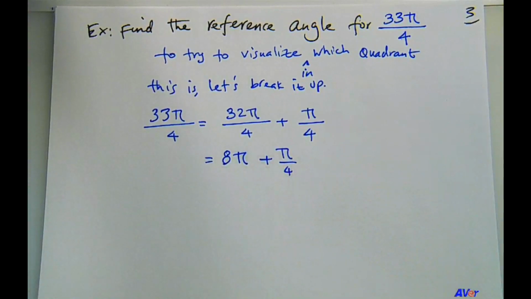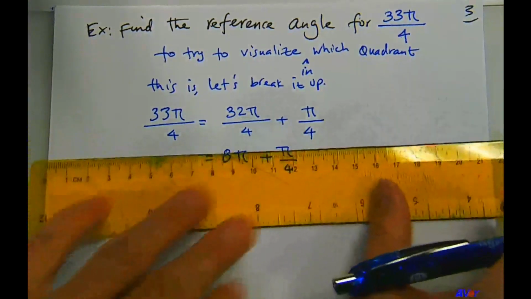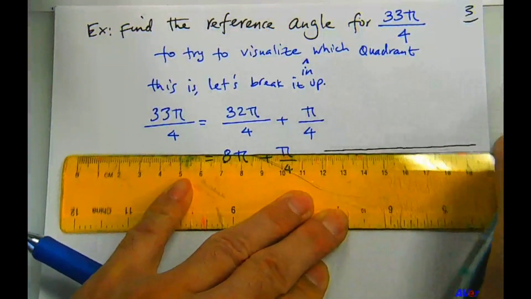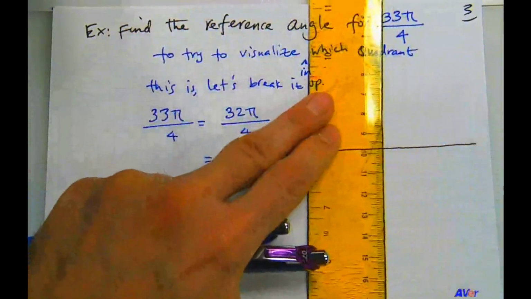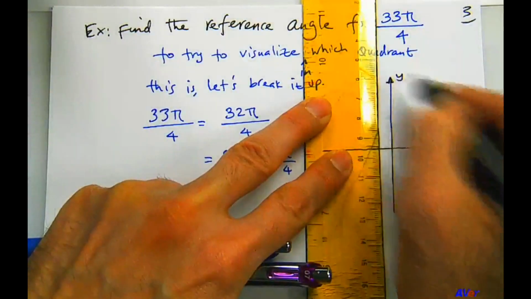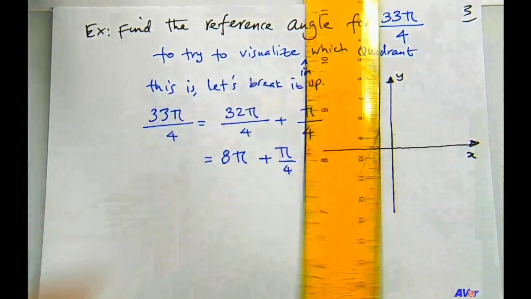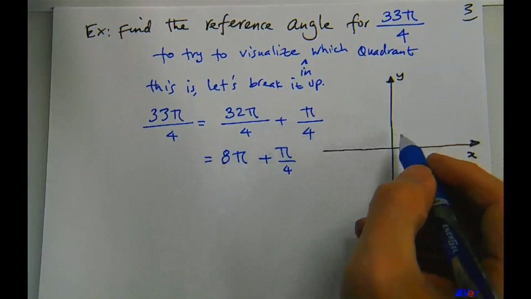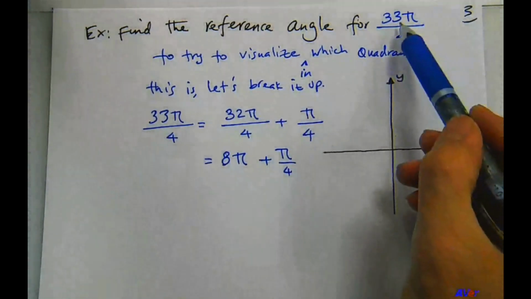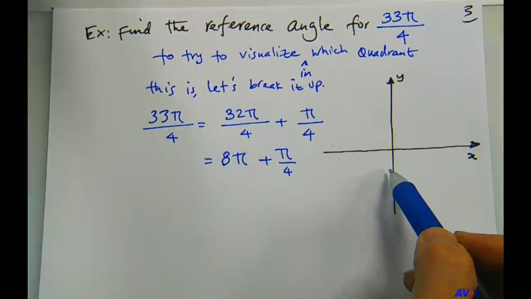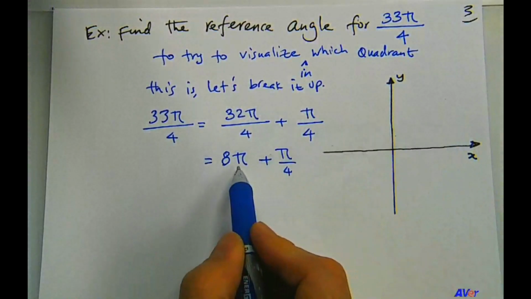So let's try to draw this. Like that, and so this is also positive, right? That means the movement is going to be in the counterclockwise direction, and 8 pi.